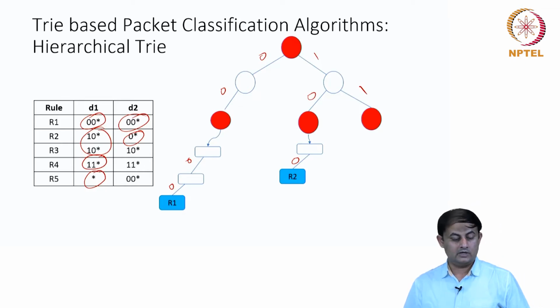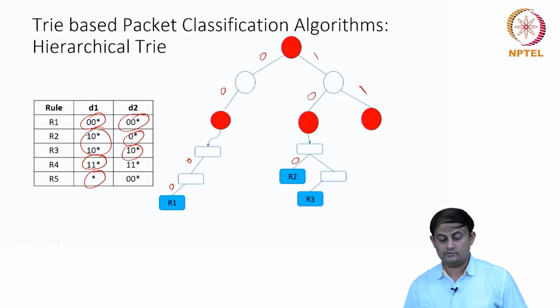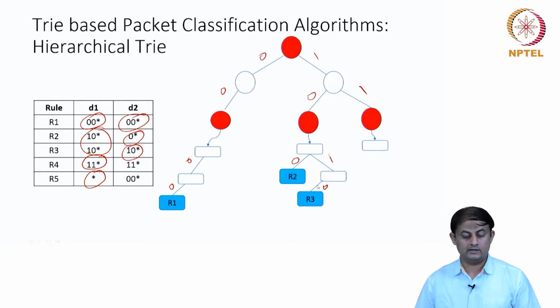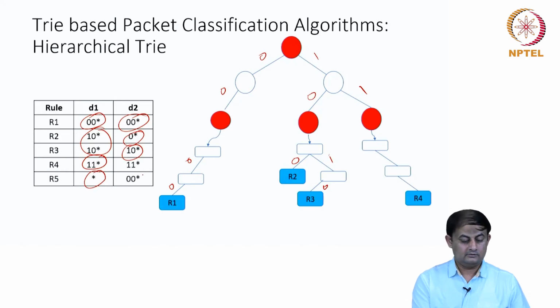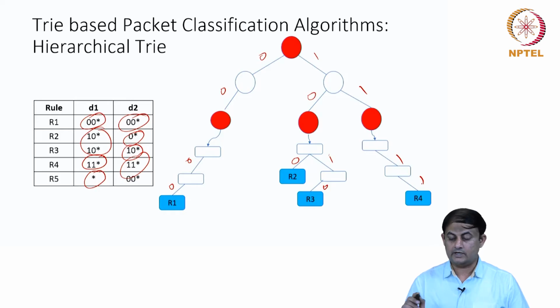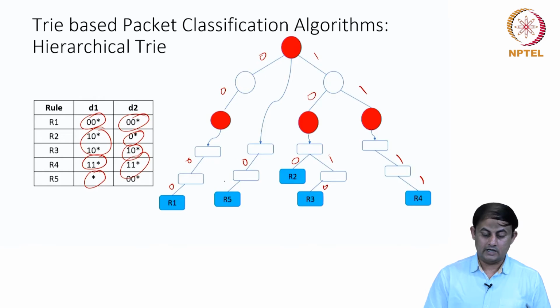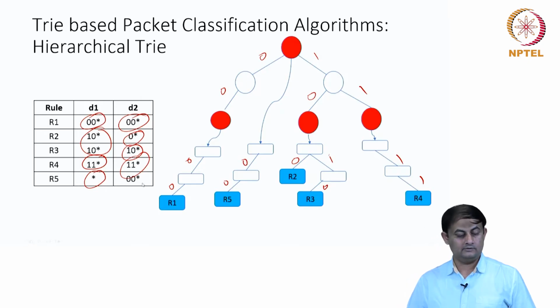And 1 0 star with the prefix 1 0 star is also there, so I'm going to add 2 nodes here, 1 and 0. This I label as R3. And similarly with 1 1 star and 1 1 star, I'm going to add 2 nodes here. And then for the star, I'm going to have 0 0 here. So this is the hierarchical trie structure for this set of rules in the classifier.